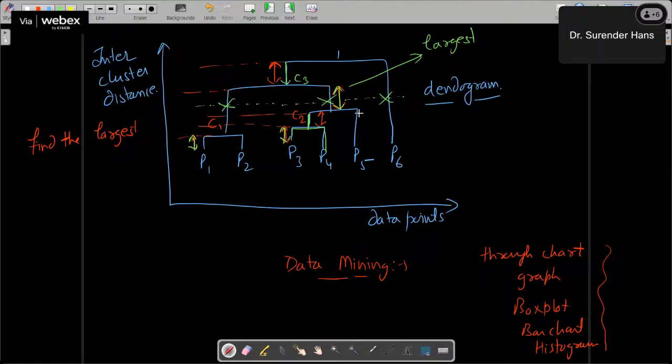Clear? This is a very subjective method. After 5 to 10 minutes we will discuss this in detail. But now, this is a very subjective method.